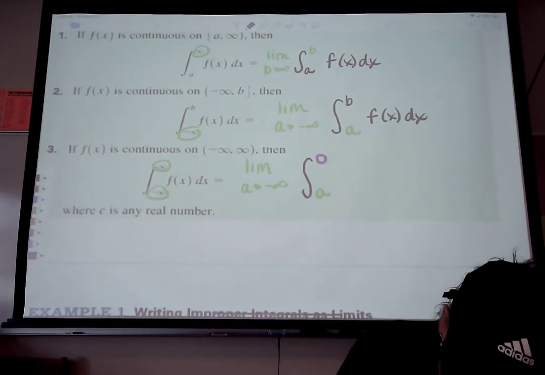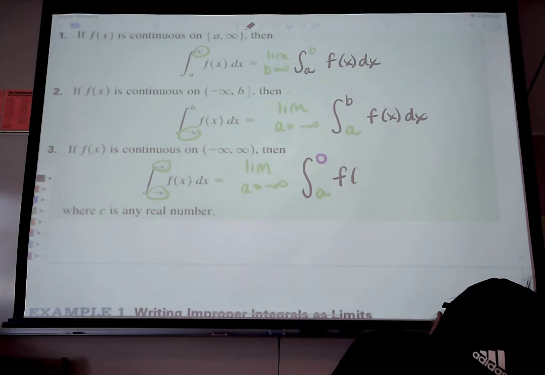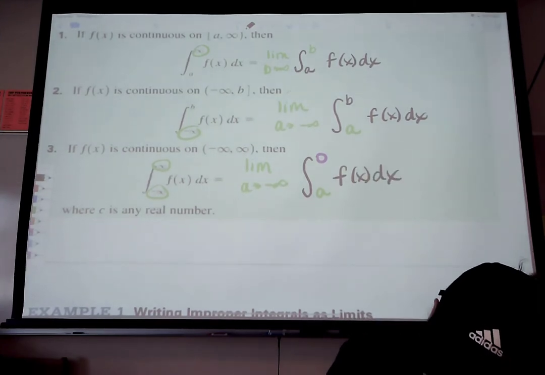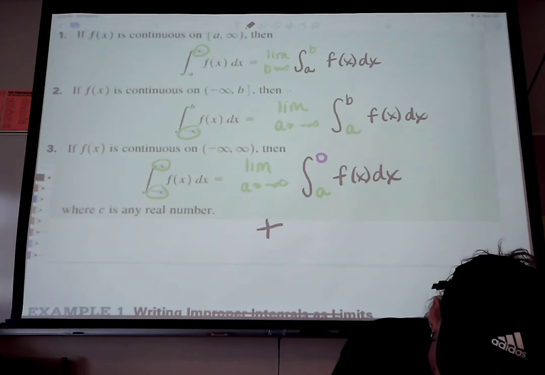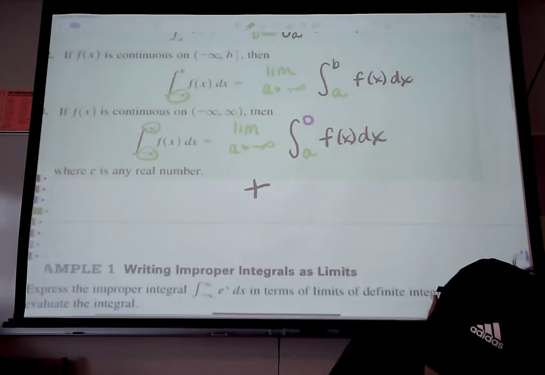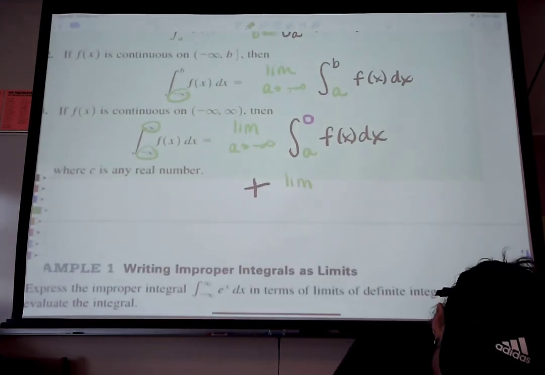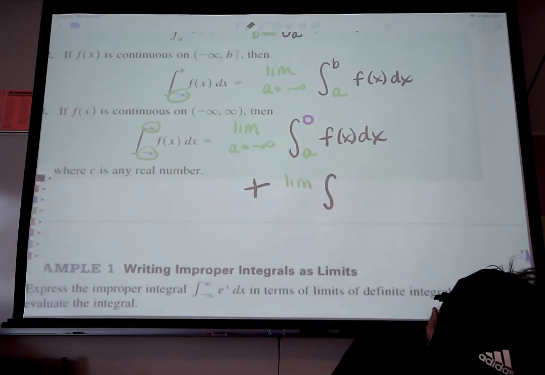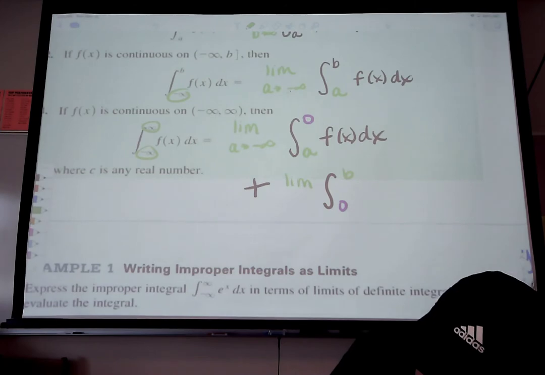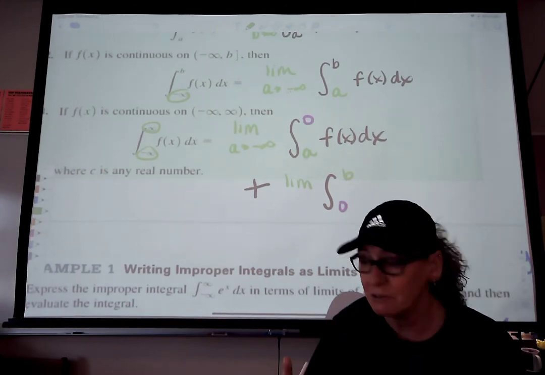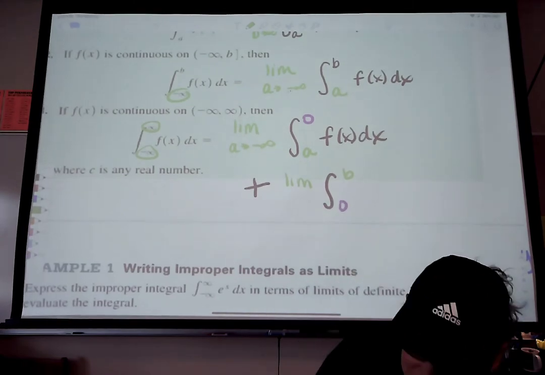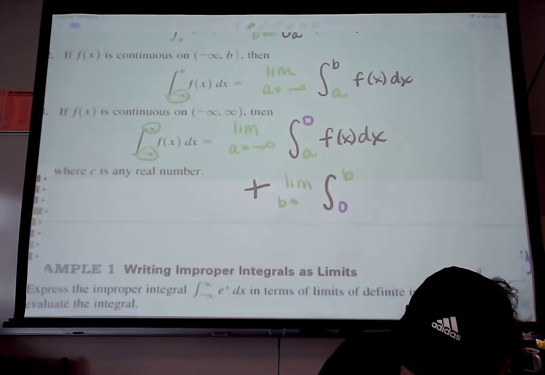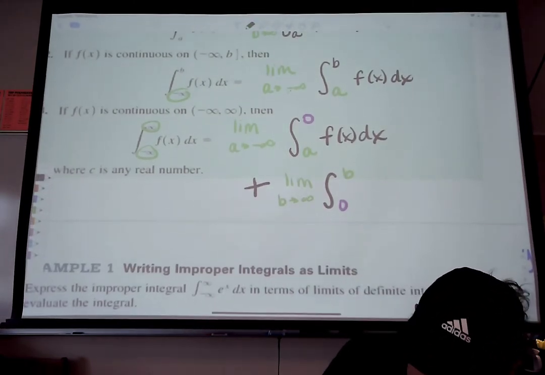Let's stop it at 0. Plus, this one picks up at 0. It's going to go to positive infinity, but remember, I'm replacing that with a variable, and out here, I'm going to send that variable to positive infinity.